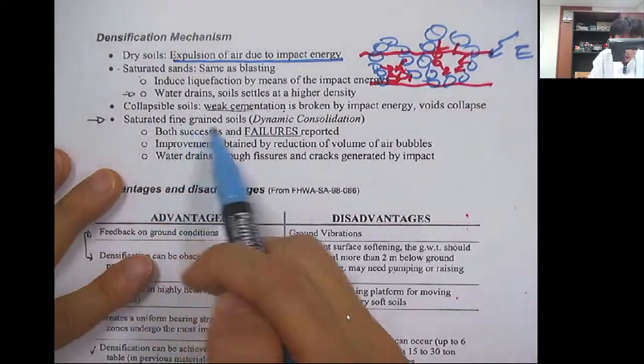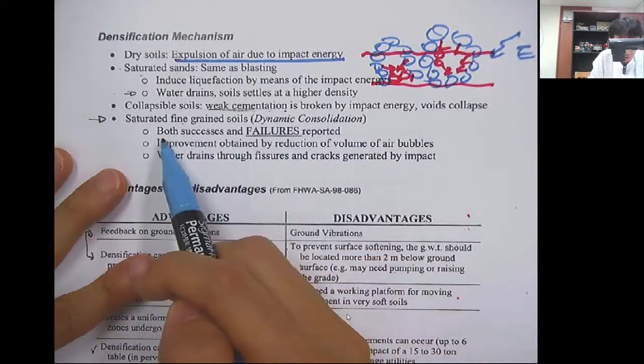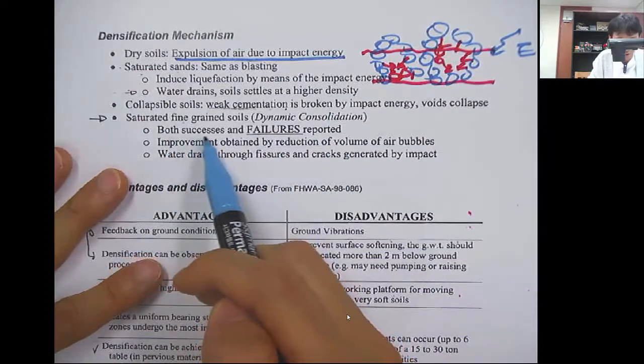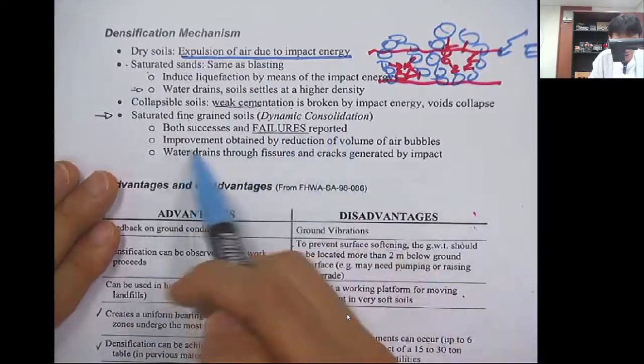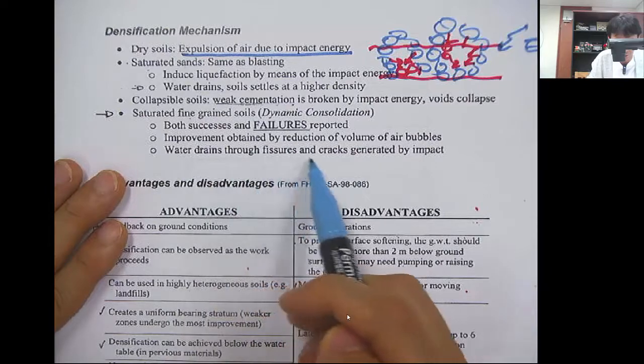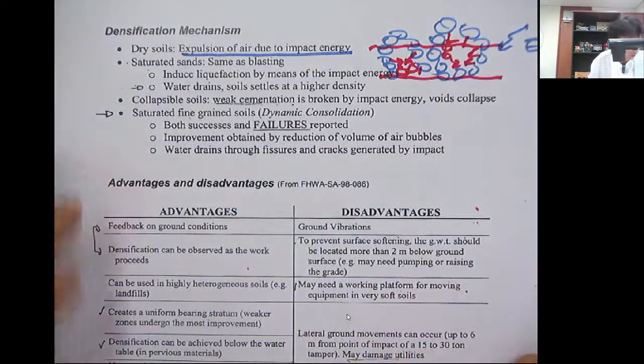For saturated fine-grained soil, dynamic consolidation is a very difficult technique, and both successes and failures are reported. Improvement is obtained by reduction of the volume of air bubbles, and water drains through fissures and cracks generated by impact.